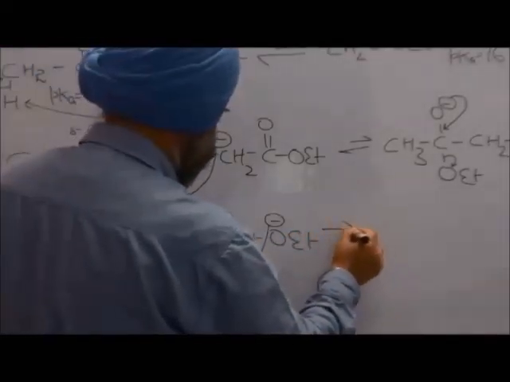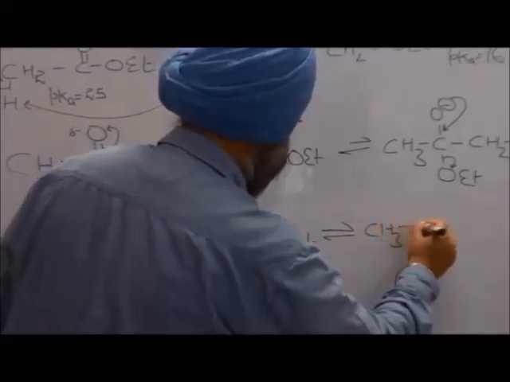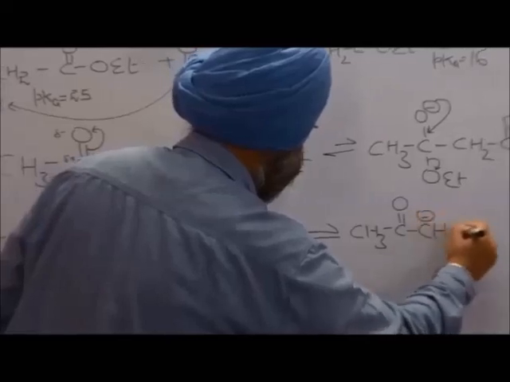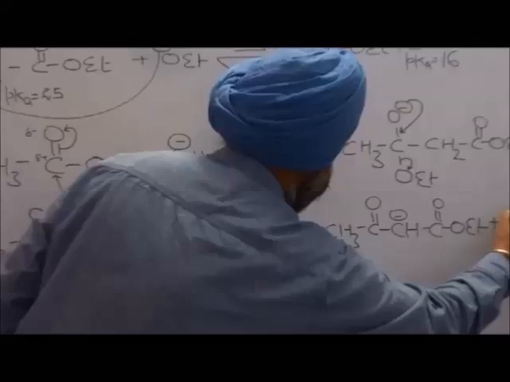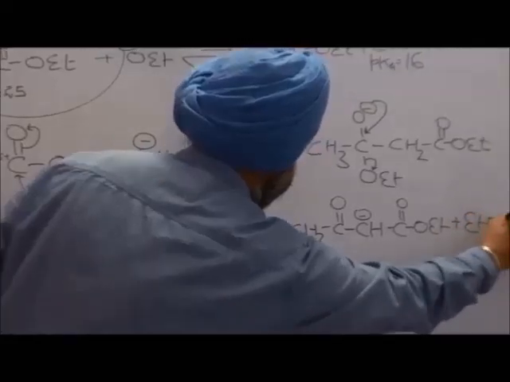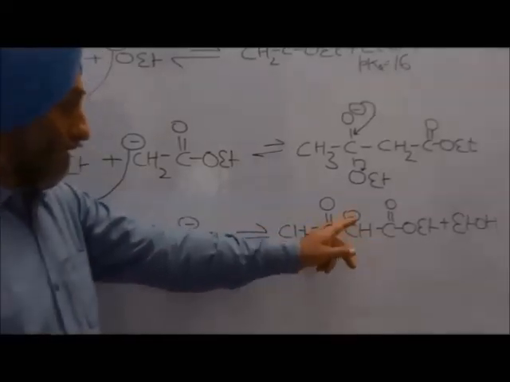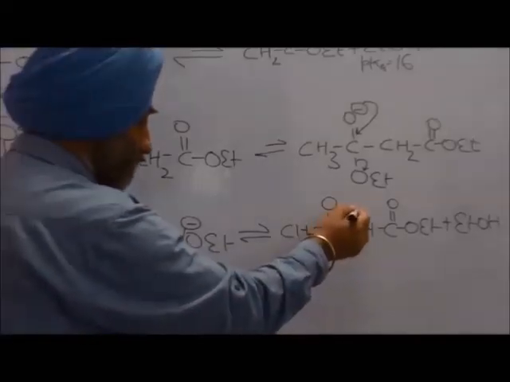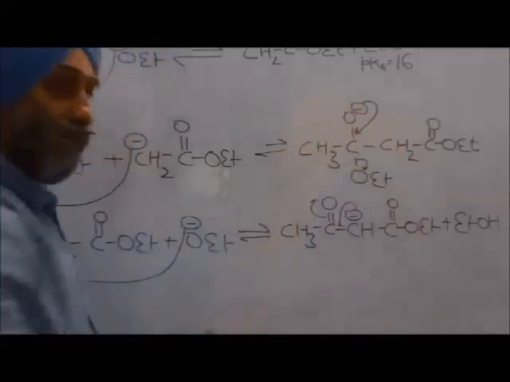So the reaction is an equilibrium reaction. The enolate ion will form. This enolate, as you already know, is stabilized by resonance. That negative charge can be dispersed on this side and also on the other side.